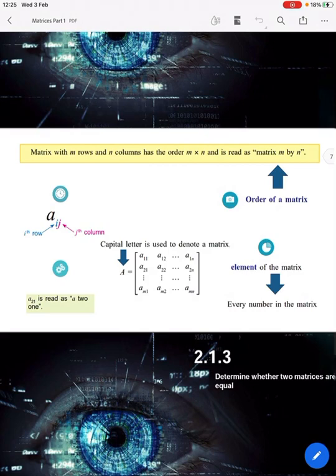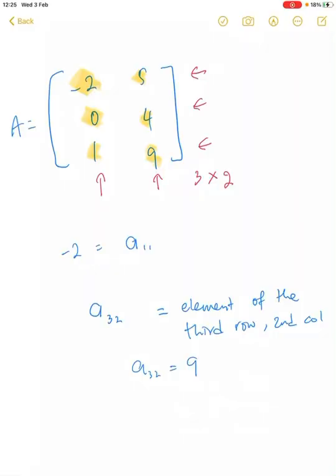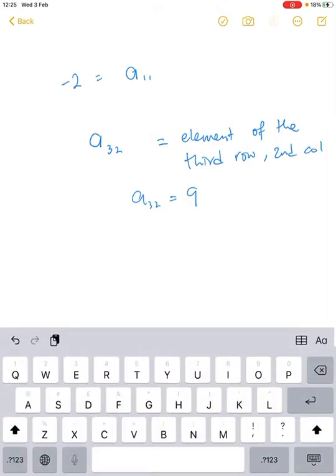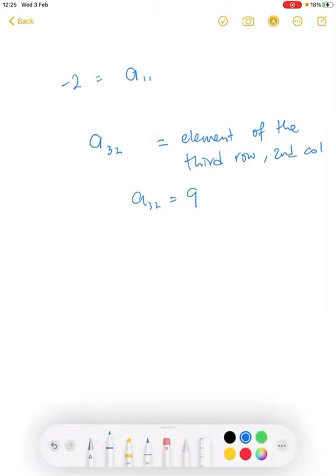So let's try an example. What other example do you want to try? Just make up another matrix. Okay, matrix E. Matrix E is the matrix 4 9 3 1 0 1 0 2.